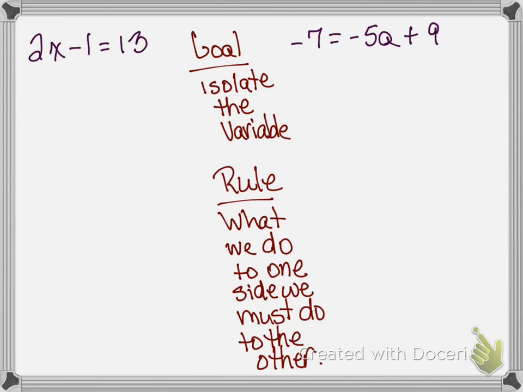So another thing that comes into play here are what we call inverse operations. Inverse operations. So if I'm talking about addition, how do I undo addition? Subtraction. You're also adding the opposite.